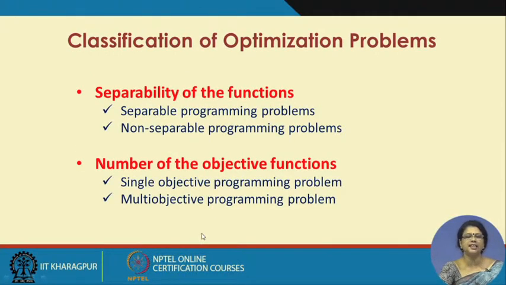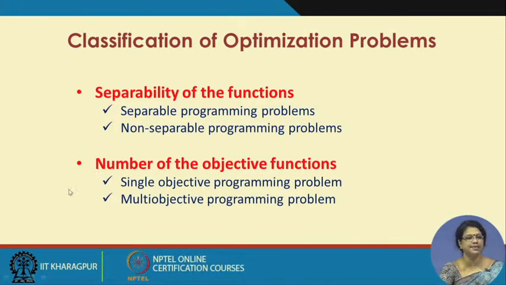Now, other than this, we can have the separable programming and the non-separable programming problem, and if we look at the constraint part, as I said, we may have constraints or we may not, that is the constrained and unconstrained optimization problem. Similarly, if we consider the number of objective functions, we can have a single objective function, or two objective functions.